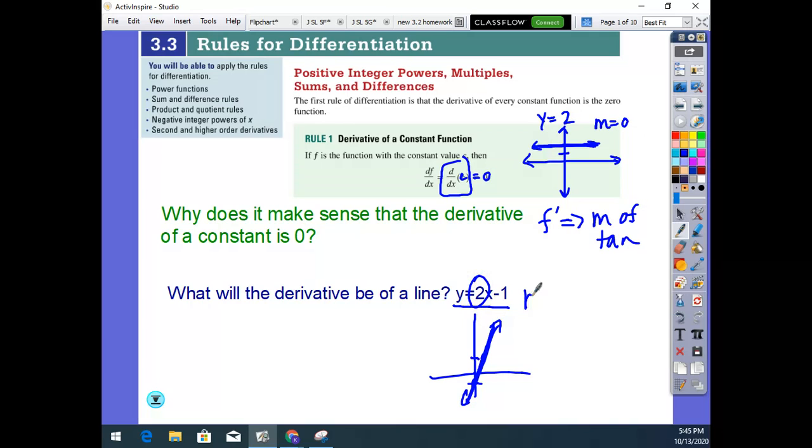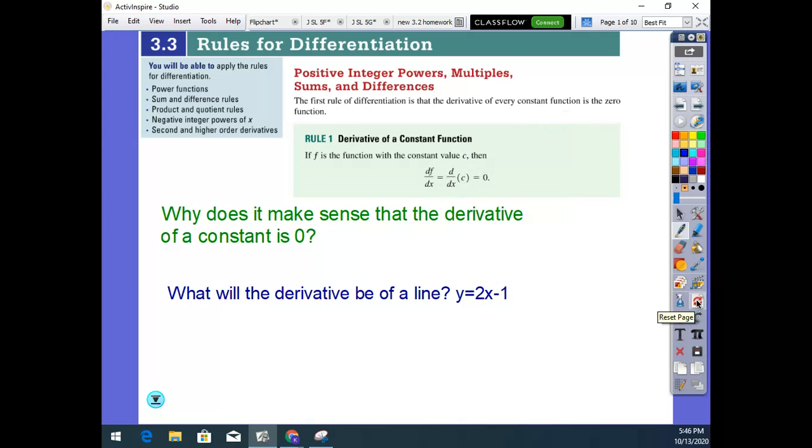In this case, my slope is 2. And because the slope is constant throughout the line, your derivative, in this case the derivative of y with respect to x, is 2. So if it has a slope, whether it's a 0 slope or a numerical slope, in the case of a line, your derivative is just that constant value.